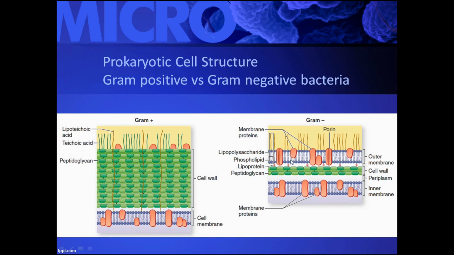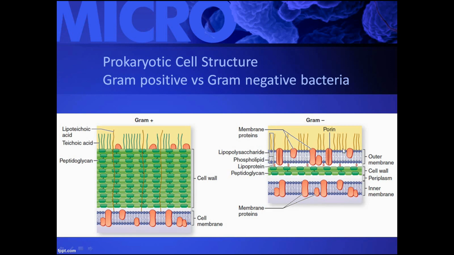The teichoic acids are negatively charged. They attract cations and increase the stability of the cell wall. In gram-negative bacteria, the outer membrane has multiple structures. For example, one of the most important structures in the outer membrane is the lipopolysaccharide. This is a very important virulence factor of gram-negative bacteria, and we will talk about its structures in depth in a second.